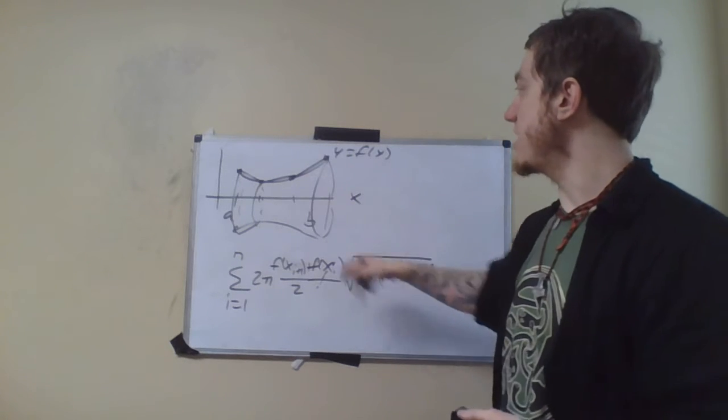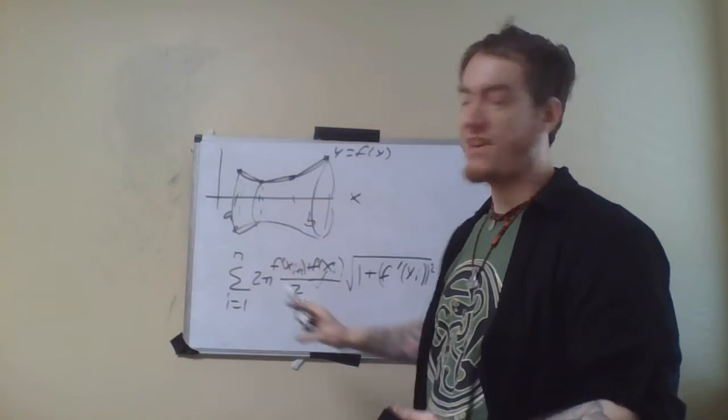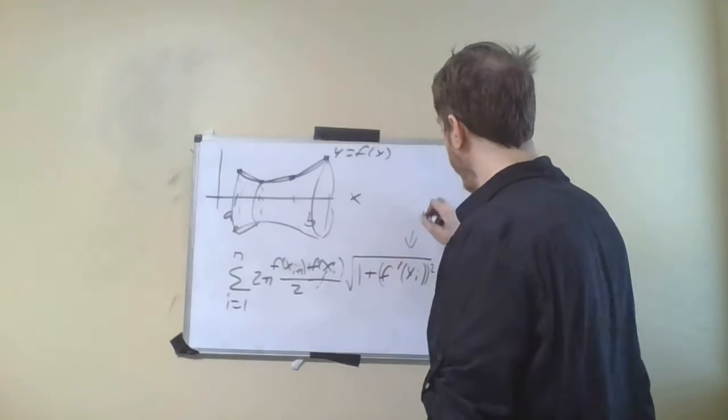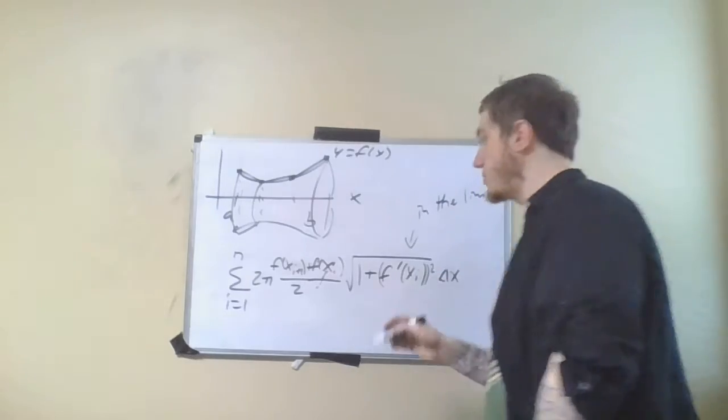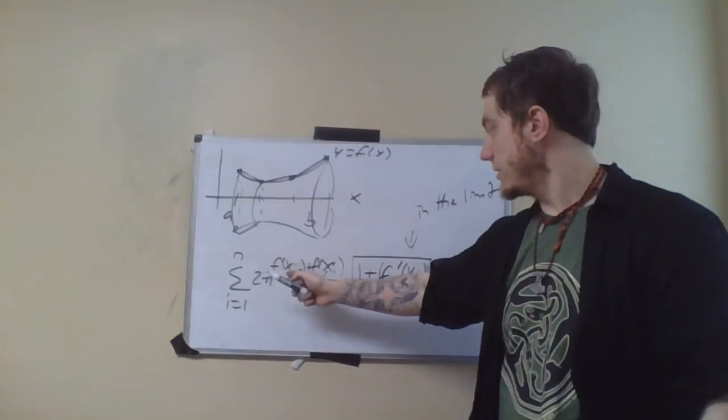So strictly speaking, it's given by the Pythagorean theorem here, but in the limit, it comes out to be the derivative.